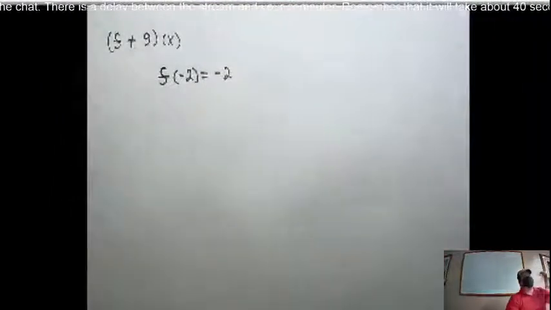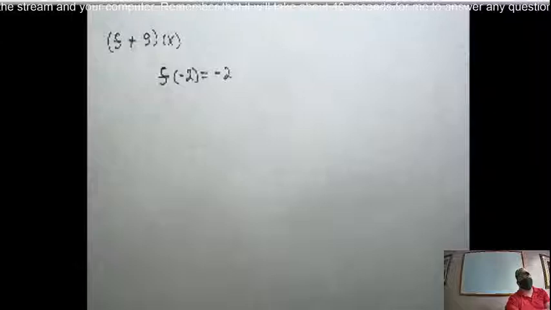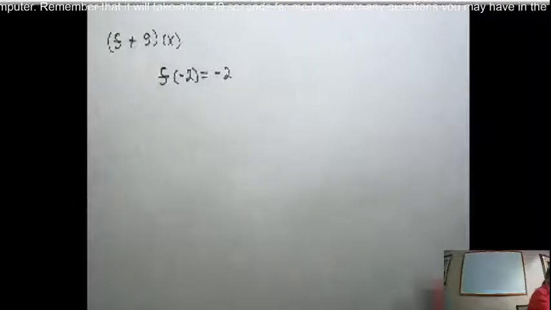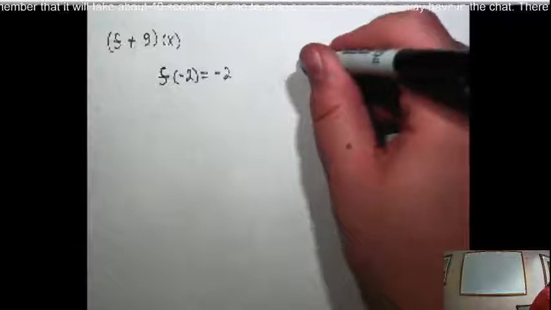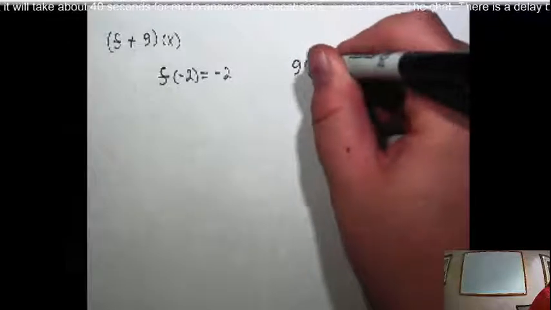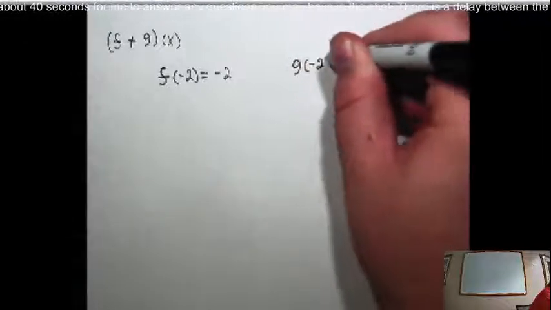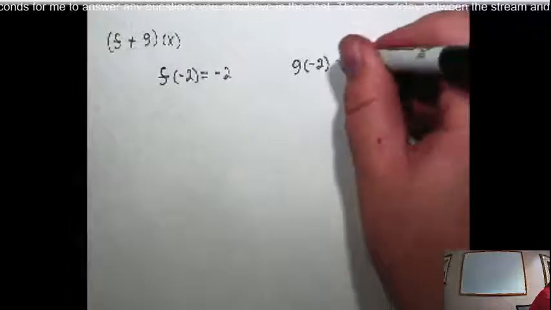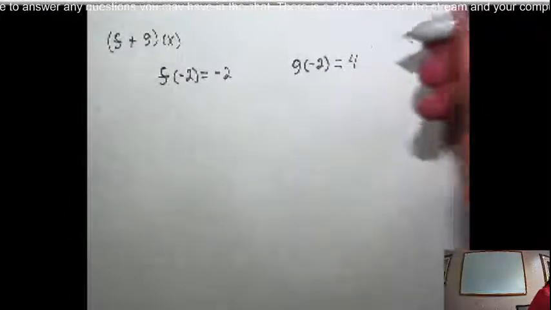So we know that if we plug in a negative 2 into our f, it gives us out a negative 2. We don't know what the actual structure of f looks like, but we know if we plug that in, we get a negative 2 out. And then maybe g is something similar. If we plug in a negative 2 for g, maybe we get 4 out.